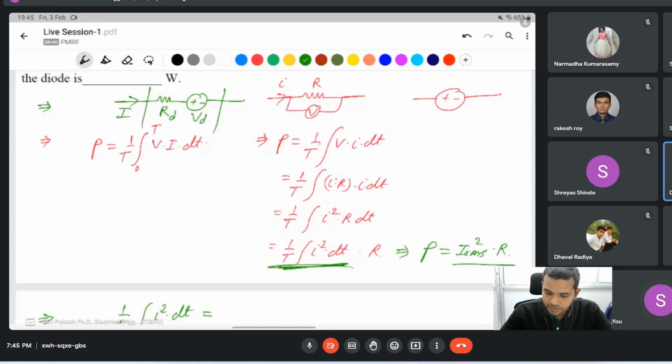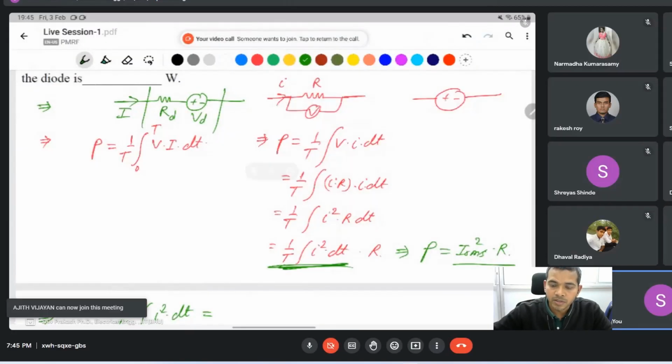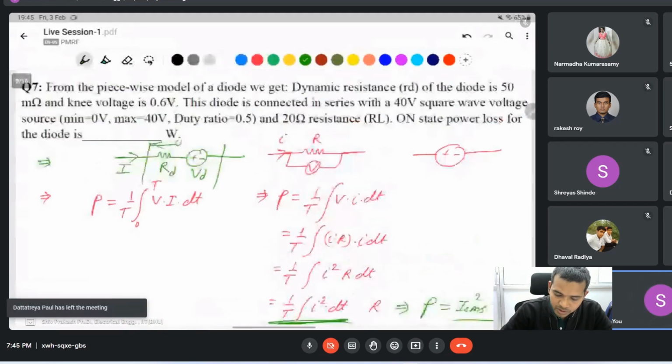Then it will come as the root of 0.5 into 0.7, bracket square, divided by R. I think so. You can take this, but you cannot take it directly as a voltage. The 0.7 volt is the overall voltage, not the voltage across the resistance.